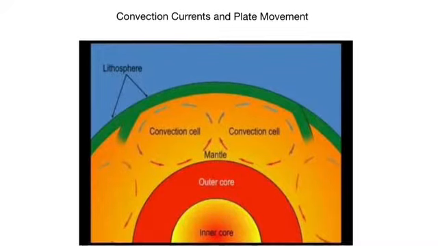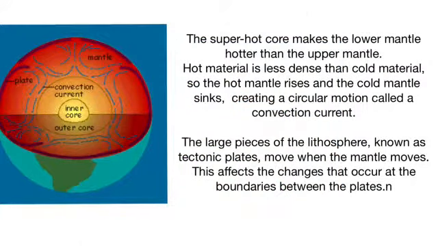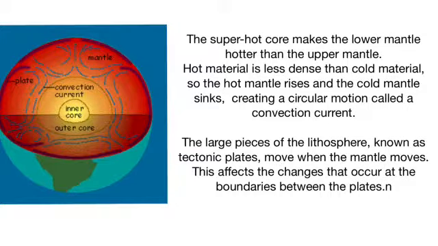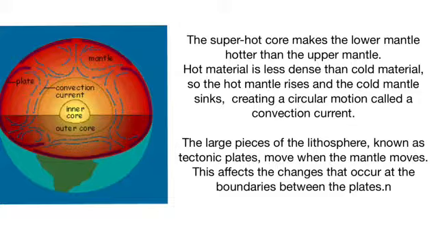What the theory tries to explain not only is that these plates exist, but also what causes them to move around. And it's because scientists believe that the mantle is actually moving. It's moving in a circular pattern called a convection current.